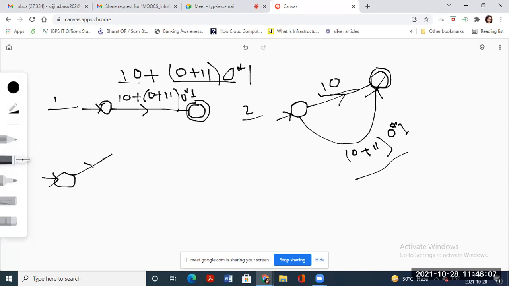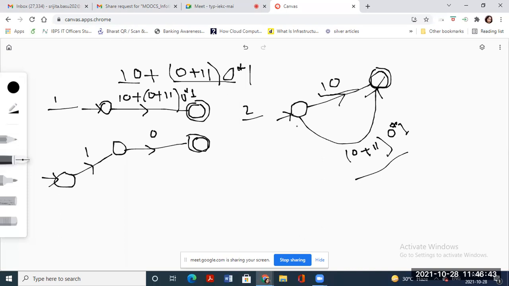So we can just put 1 going to one state, and then we have a 0 going to another state, which is the final state. So this portion is done.